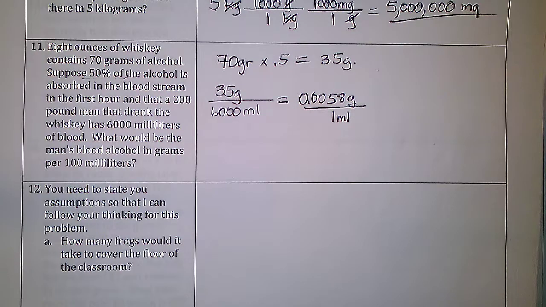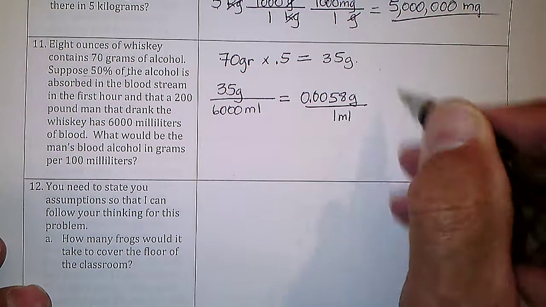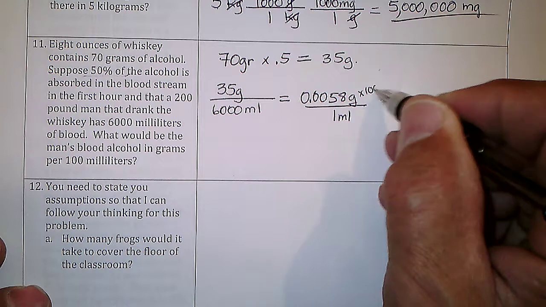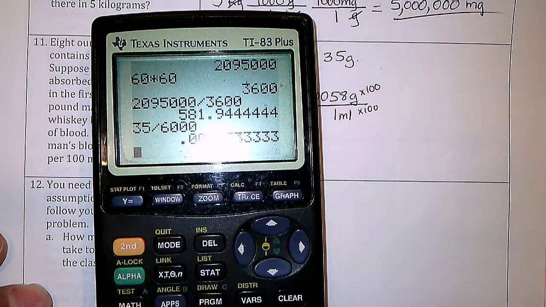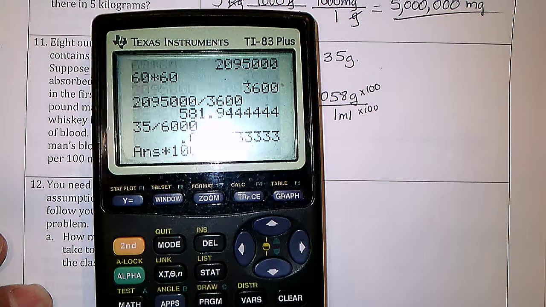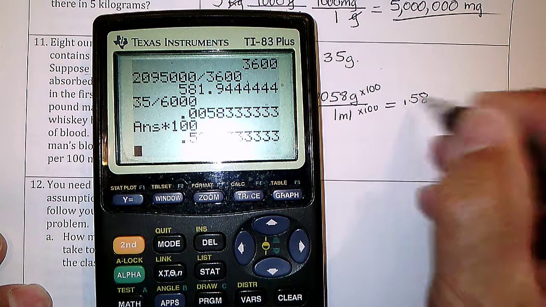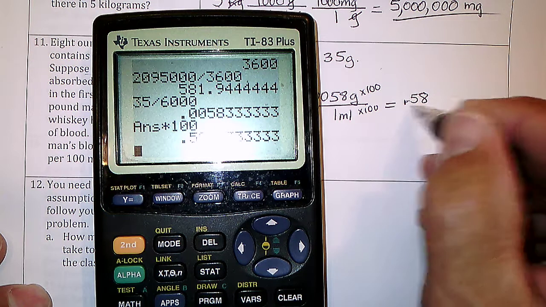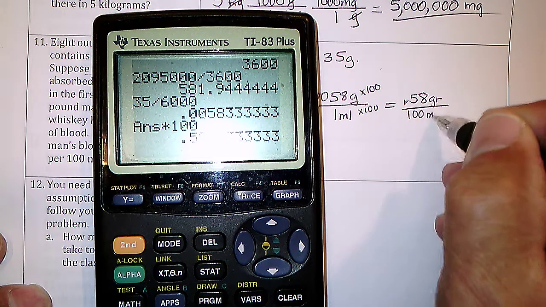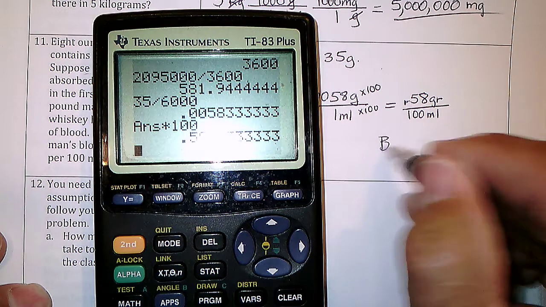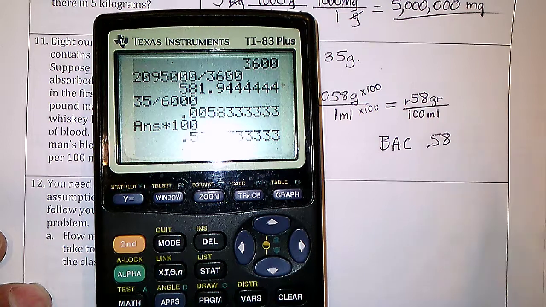But we need to know how many grams per 100 milliliters, because that's how blood alcohol is, per 100. So we multiply by 100 in the numerator and by 100 in the denominator. So that number times 100 is 0.58 per 100 milliliters. Which means the blood alcohol content rating is 0.58, very intoxicated.